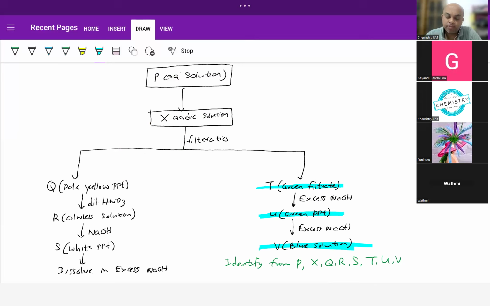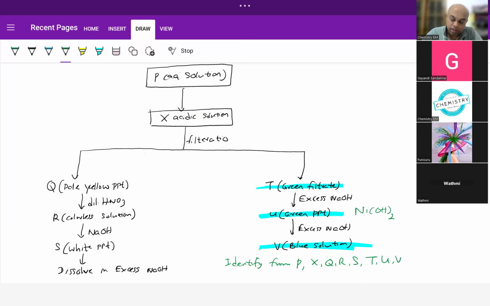What is that? That should be nickel, right? Nickel hydroxide, right? Yes, nickel hydroxide is the green color precipitate actually.